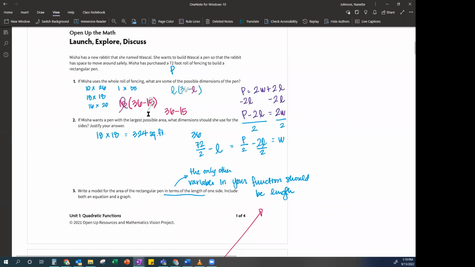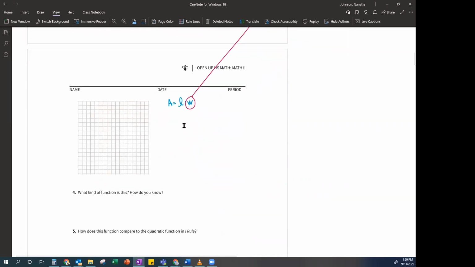You just thought of this specific case. So it's okay to put 36 minus L because you already knew that. Nathan told us 36 minus 15. What's 15? Well, that was our L. Oh, okay. So down here, I'm going to be writing 36 minus L.